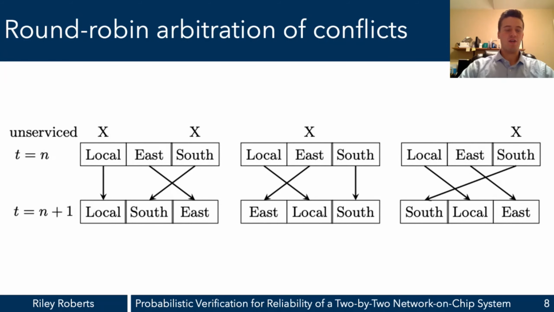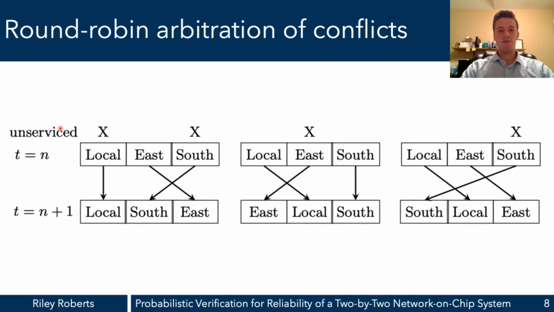To illustrate that a little more fully, we can look at this first example here. Here we see that there are 3 channels, local, east, and south, and they are arranged in a priority ordering at time t equals n, which is a particular clock cycle, with local being the highest, followed by east, then south.